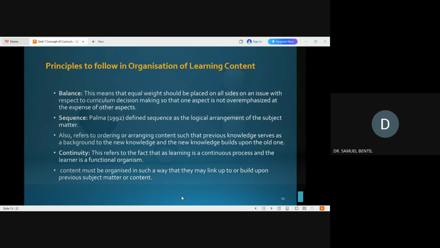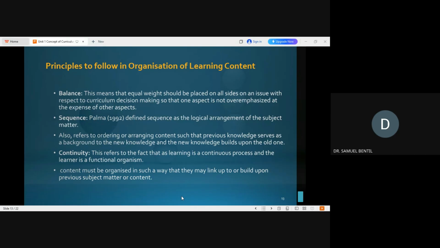Now let's look at principles to follow when organizing learning content. You see, there's one thing, selecting a content, and there's another thing, organizing the content you have selected. Content organization is basically talking about the way and manner the various subjects have been arranged, or the hierarchical structure of the content, which will reflect a certain sequence or logical flow when it's being delivered.